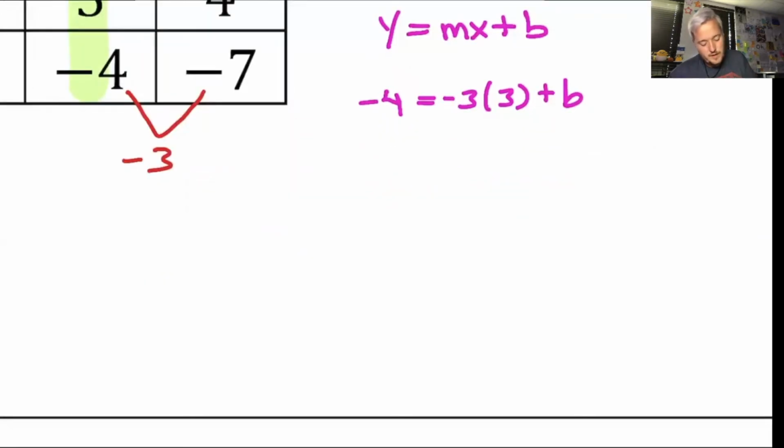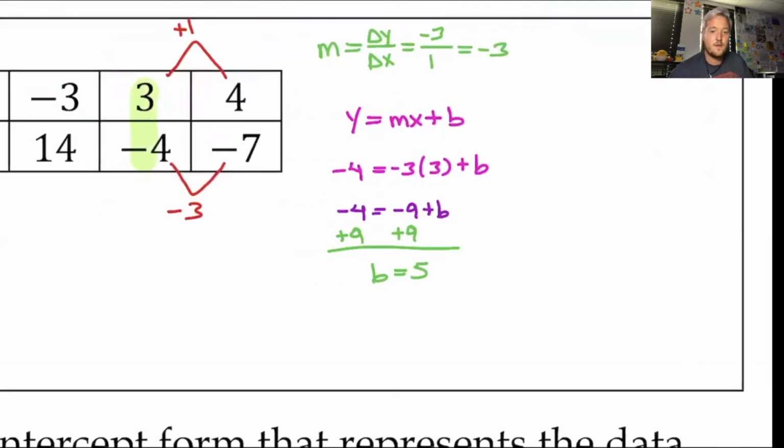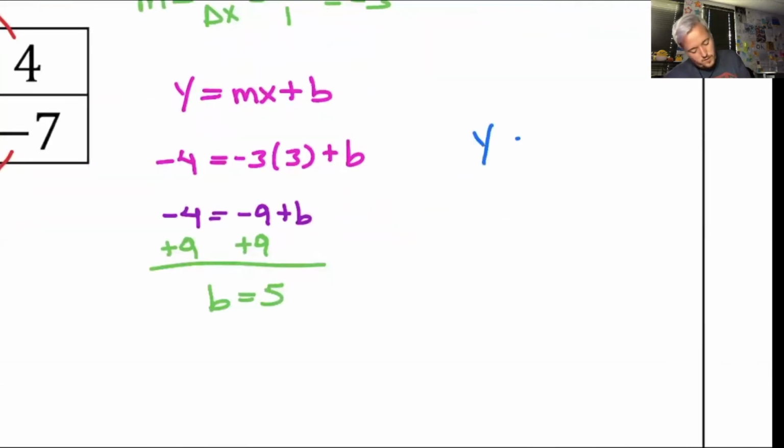So 3 times -3 gives you -9 plus b. Now I'm going to add over that -9 because you're doing the opposite. So -4 plus 9 gives you a b value of 5. Now I'm going to plug in my slope and my b value. So I have y equals -3x plus 5.